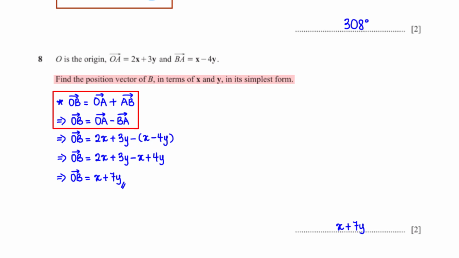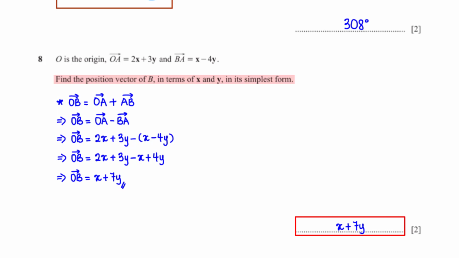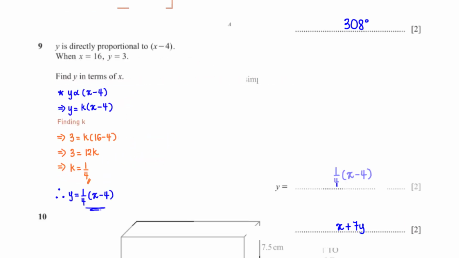We've been given OA to be 2x plus 3y and we've also been given BA to be x minus 4y. When we expand the brackets, negative 1 times x is negative x. Negative 1 times negative 4y is 4y. When we group like terms, 2x minus x is x and 3y plus 4y is 7y. So we have x plus 7y.